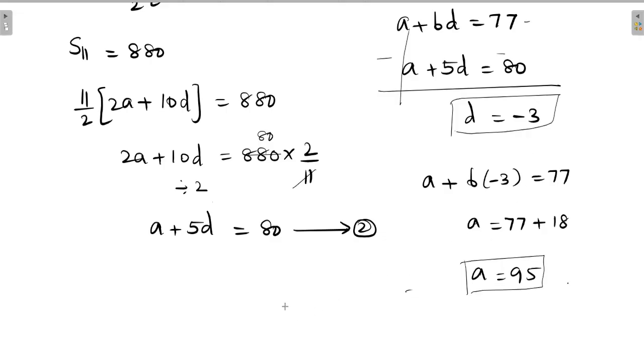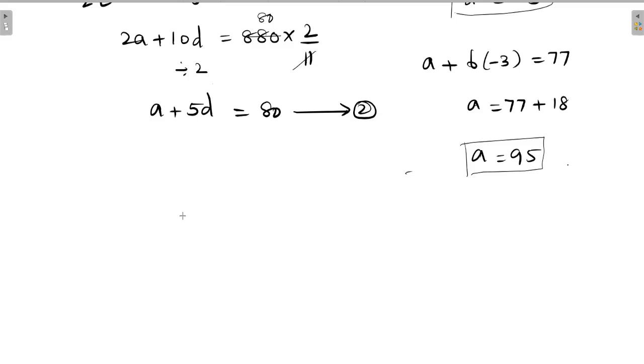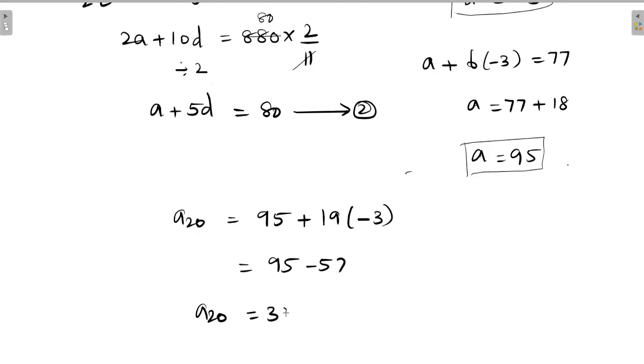Let's find A20. A20 is equal to a plus 19d, which is 95 plus 19 times minus 3. So this is equal to 95 minus 57. So A20 is equal to 38.